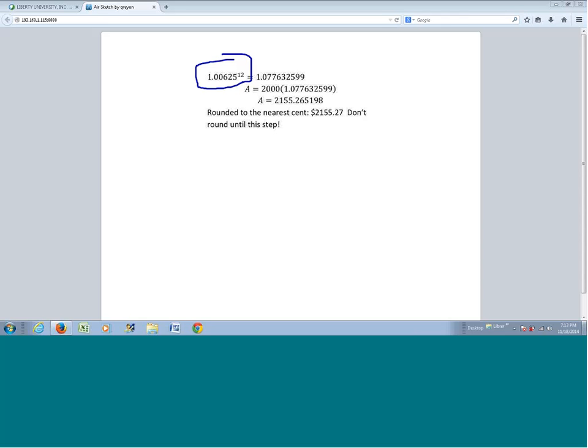Notice again, I'm writing down the entire number that I see on my calculator. The only reason I stopped is because my calculator screen came to an end, so I had no other numbers to write. Otherwise, you write everything that you see.